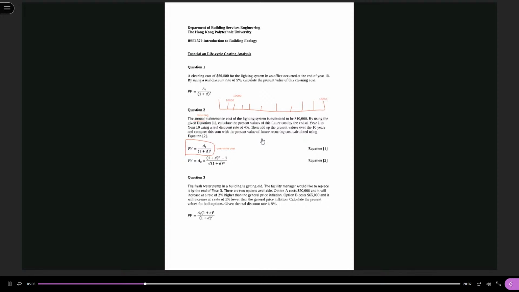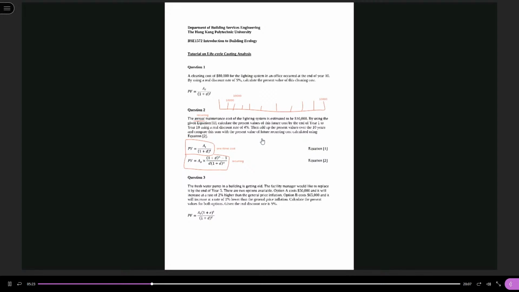And another method for calculating this recurring cost will be using the second equation, which is for recurring costs.